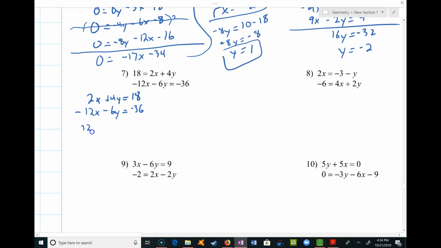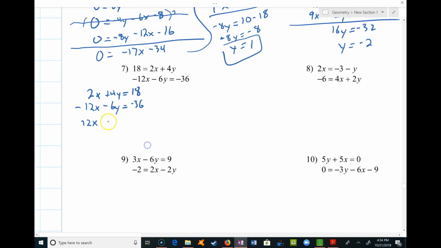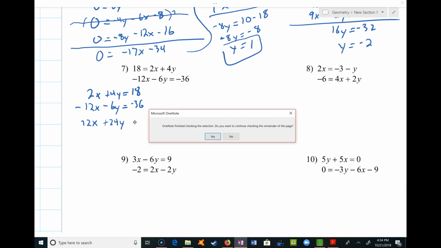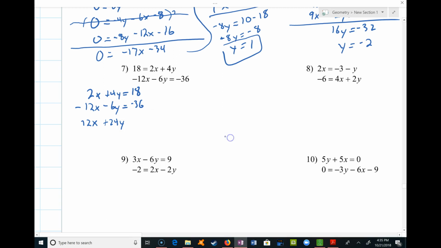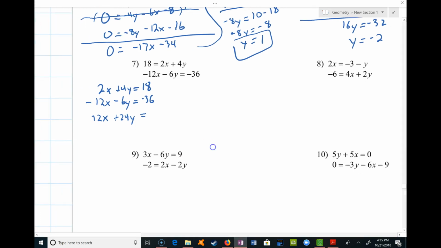So that'd be 12x plus 4y. No. 12x plus 24y is equal to 6 times 18, that'd be 108.